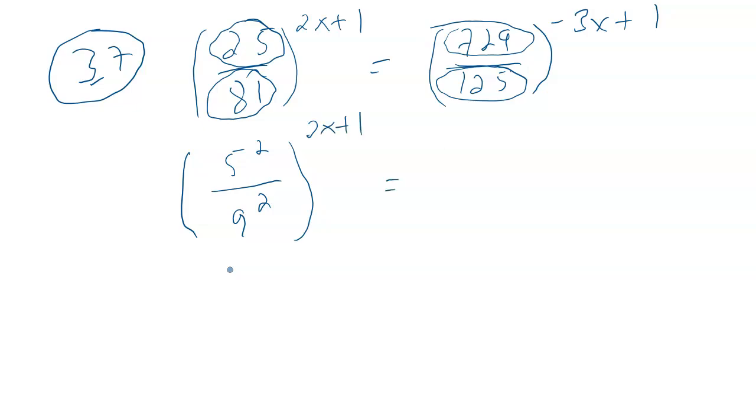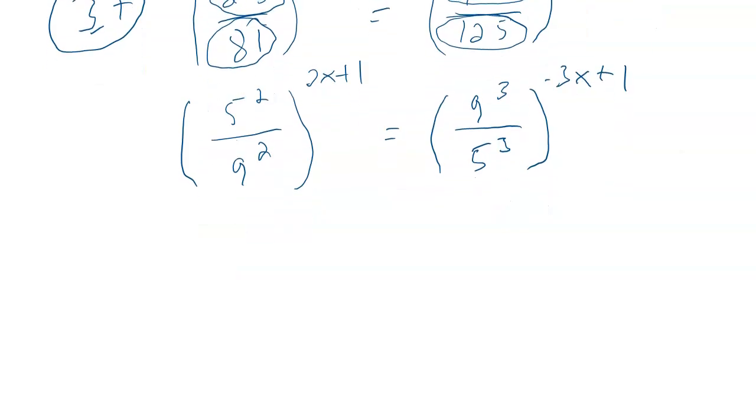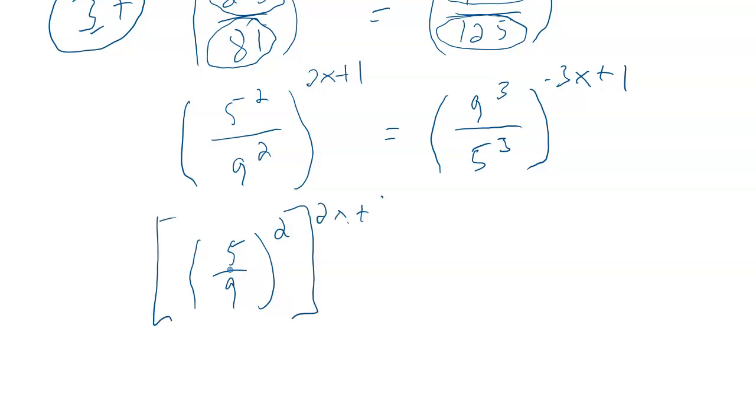And this is going to be 9 cubed over 5 cubed to the negative 3x plus 1. So we have to invert one of them. We either use the base 5 over 9 or the base 9 over 5, but I don't think it matters. I'm going to use 5 over 9. So this is 5 ninths squared, and this whole thing is raised to the 2x plus 1.